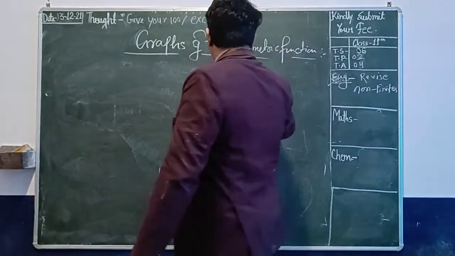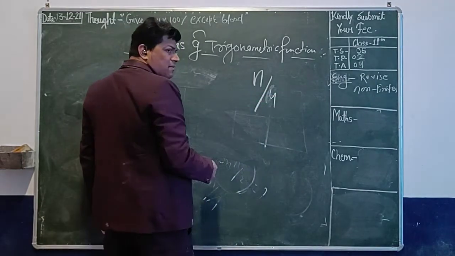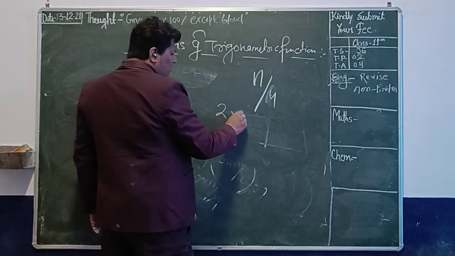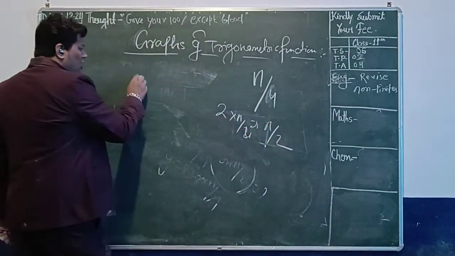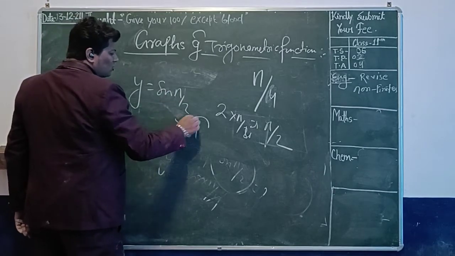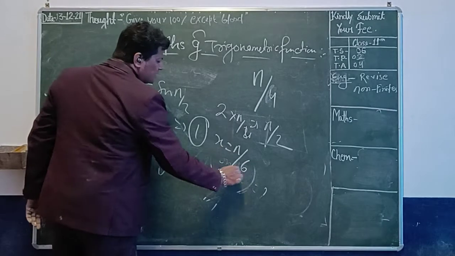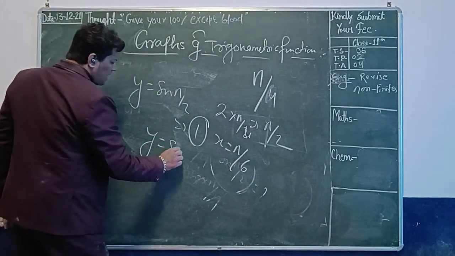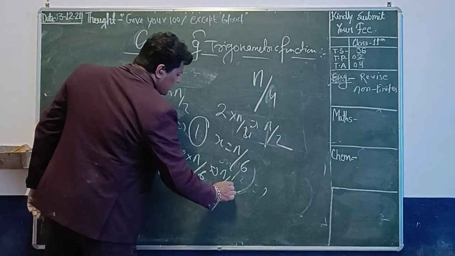Like if you are talking about pi by 4, 2 into pi by 4 is pi by 2. Y equal to sin pi by 2 is equal to 1. If you take x equal to pi by 6, y equal to sin 2 into pi by 6, you will get pi by 3.